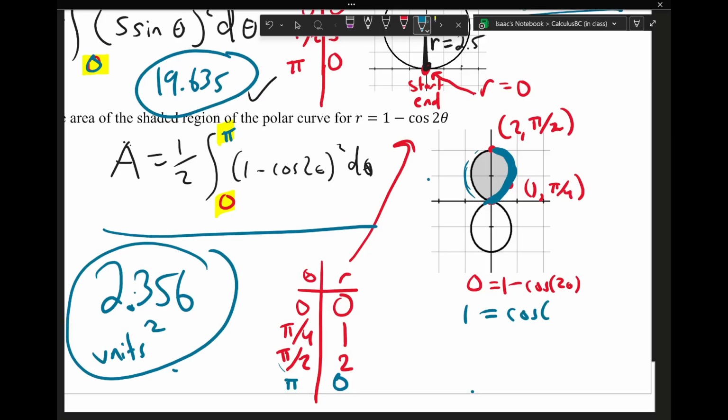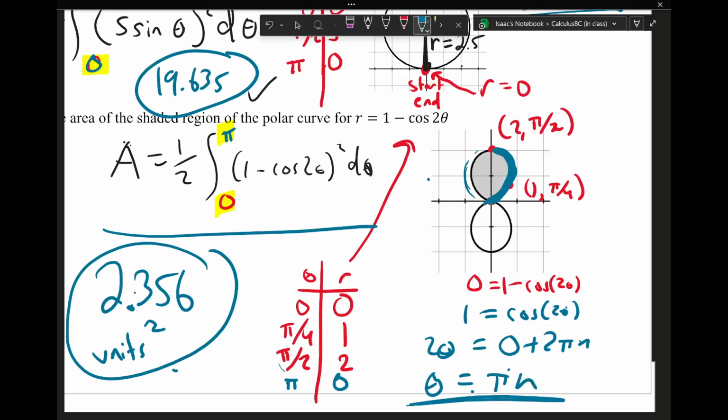And you would have gotten something like this, and you would have needed to say that cosine equals 1 at 0 plus anything coterminal to it. So theta comes from integer multiples of pi, like 0 and 1 pi and 2 pi and etc. But if I just went from here to here, I wanted 0 to pi.